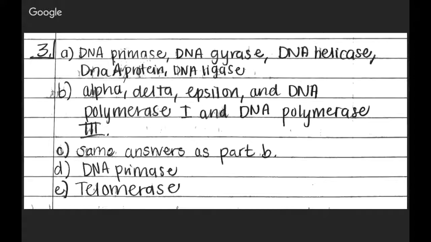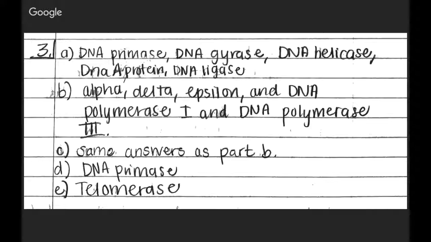So we have DNA primase, DNA gyrase, DNA helicase, DNA A protein, and DNA ligase. And then part B asks to list 5 enzymes that consume dATP during DNA replication. And there we have alpha, delta, epsilon, and DNA polymerase 1 and DNA polymerase 3.